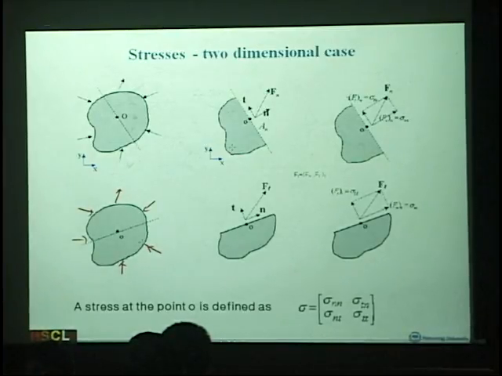What we are trying to do is that we define stress at this point O. If we take a look at here, we just cut an arbitrary cross-section here, and this cross-section is defined by the normal vector n.